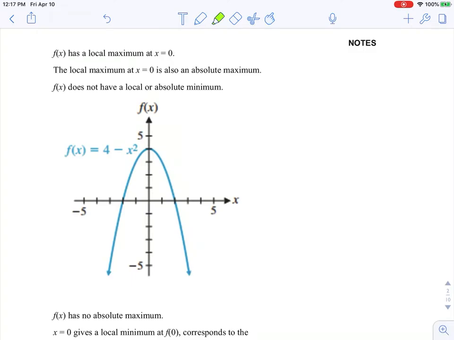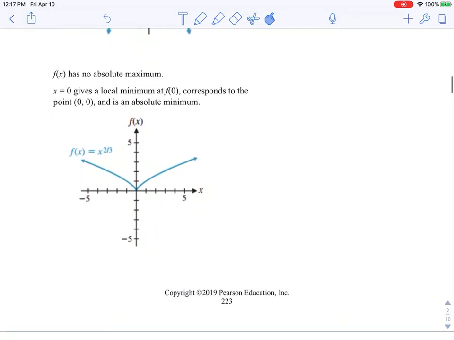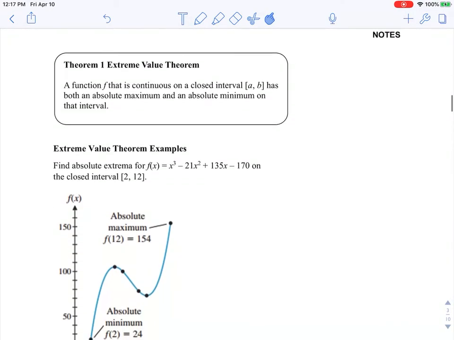If we look at this graph of a parabola, this will have an absolute max. It does not have a local min. In this graph, we have an absolute min, but no local max.